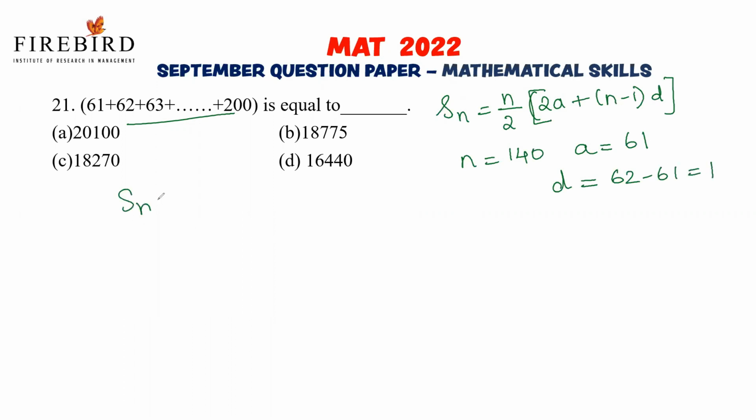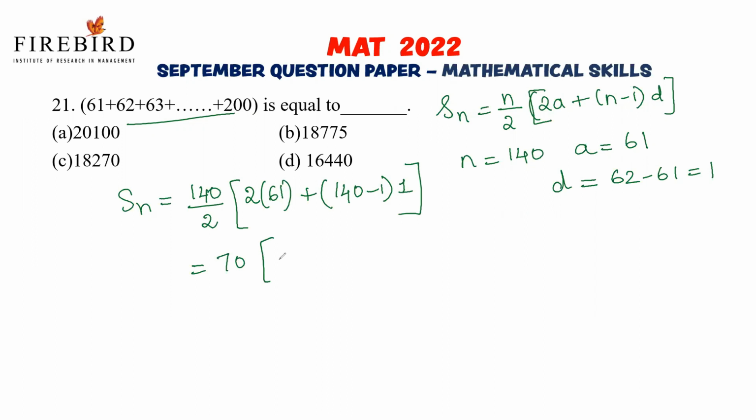Now substitute in this formula, n is equal to 140 by 2. You'll get 2 into the value of a, 61, plus n minus 1. What is n minus 1? 140 minus 1, into difference 1. So 70 into 2 into 61 is 122 plus 139.